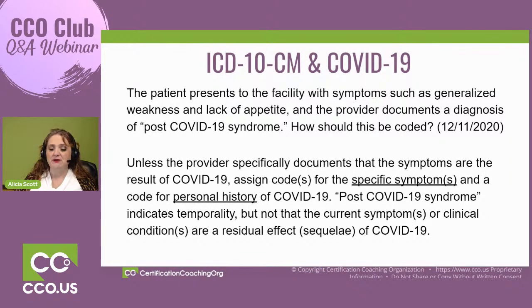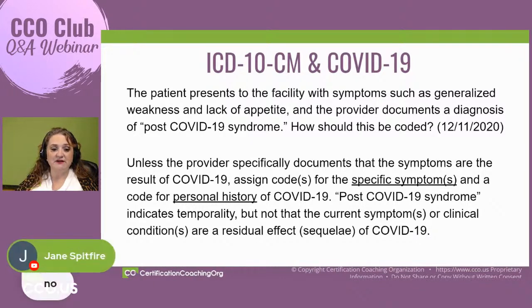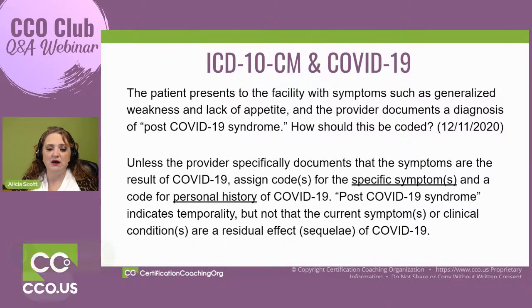So what are we supposed to do in this scenario? Again, the patient no longer has COVID, but they've got these signs and symptoms that are very specific, and the doctor has linked them. So specific symptoms are going to code with the personal history of COVID-19.